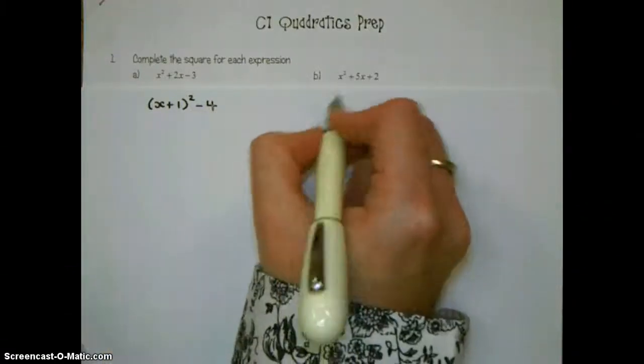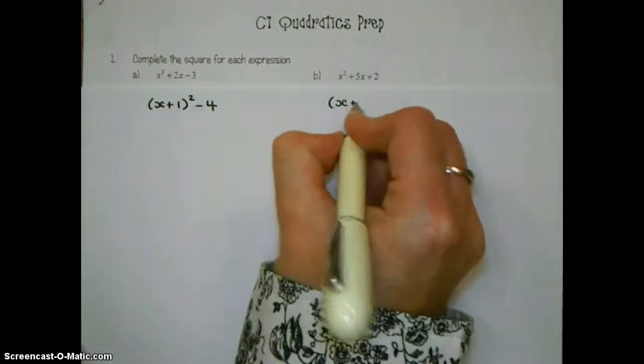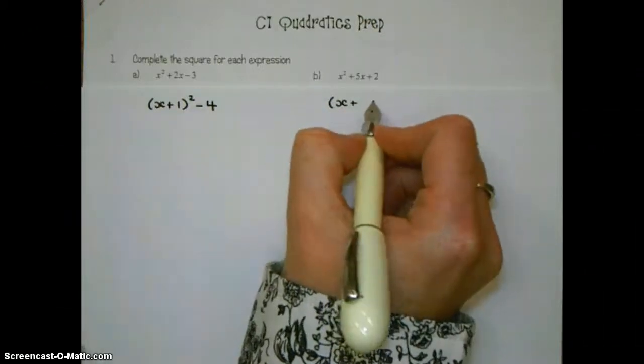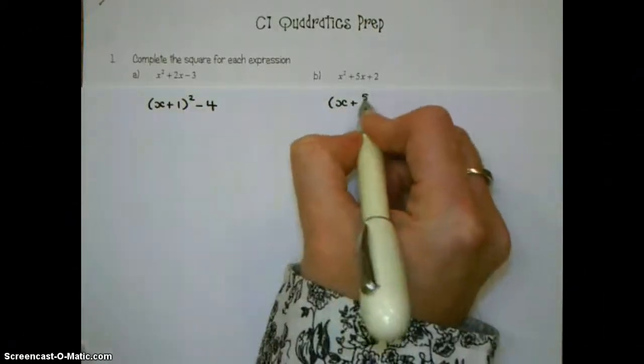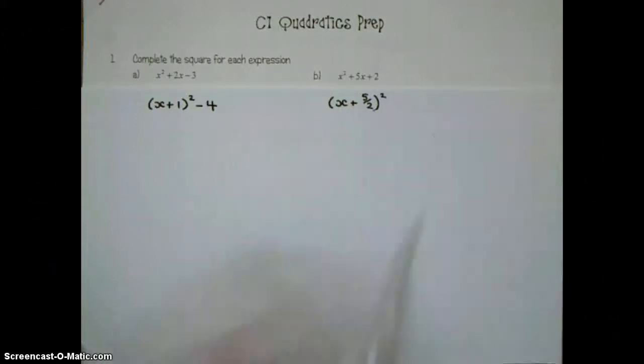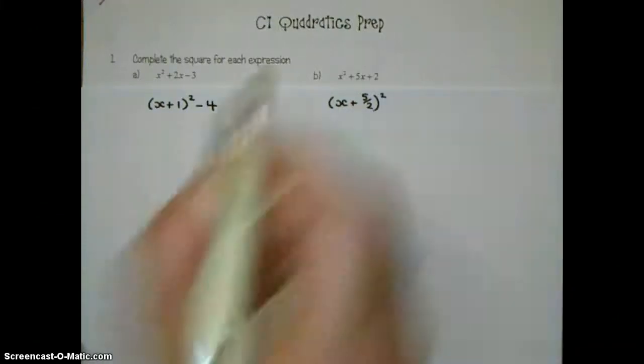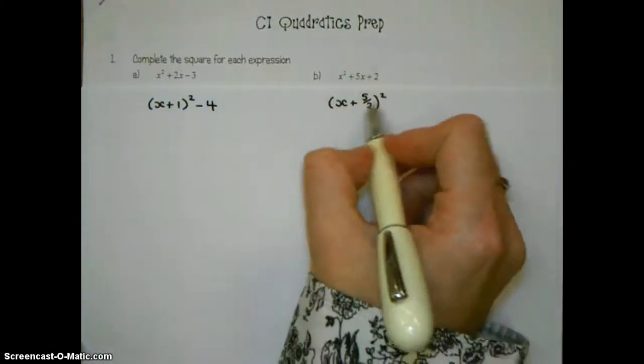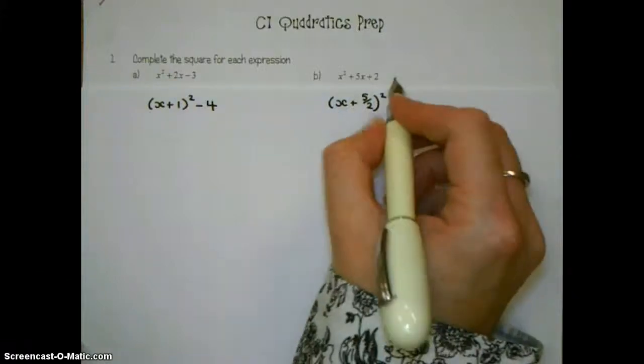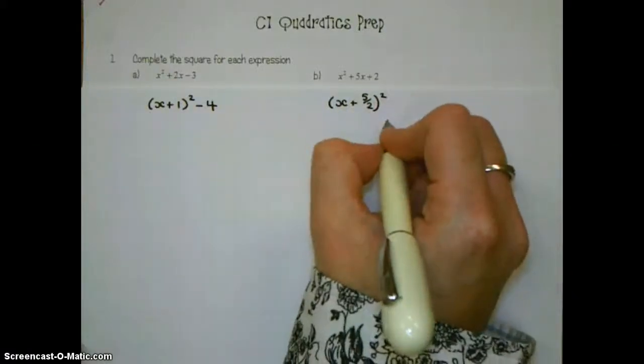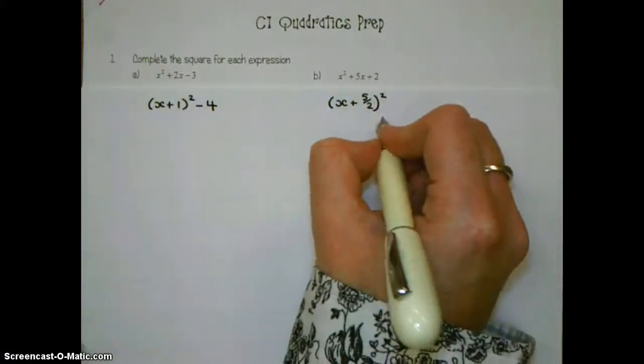Second one, again, complete the square. 5, we want to half of that goes in the brackets, and it's always best to put that as a fraction, squared. Now this one's a bit more complicated, so let's say when I square that bracket, multiply it out, I'm going to get an answer at the end of 25 over 4, 5 over 2 times 5 over 2.